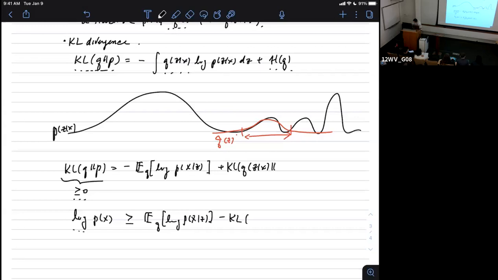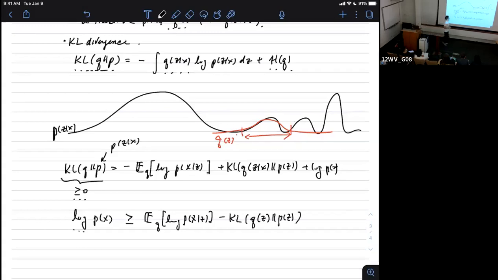Z, X, P of Z. So here this P was P of Z given X, right? So it's a bit confusing. Totally understand. And then Q of Z and P of Z.